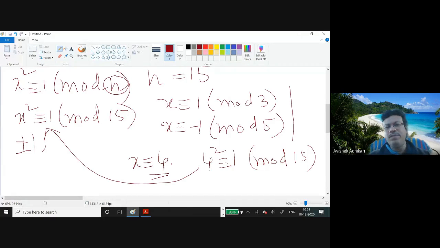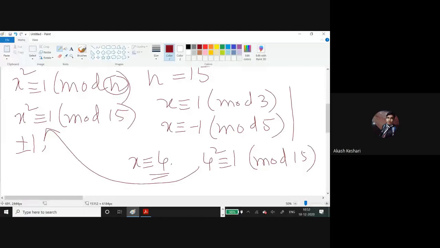Can you give me another solution very quickly? You can readily see from here, 4 square is congruent to 1 mod 15, from where you can very easily give me another answer. Sir, 11.